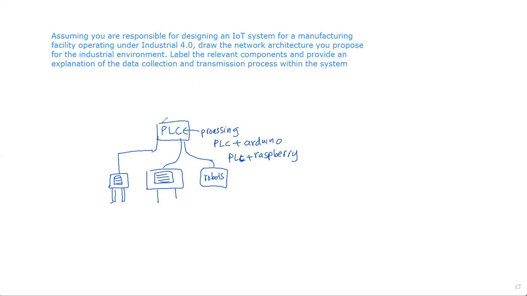After that, the PLC will send the data that it has collected to maybe a central processing unit, since there may be multiple PLCs in the industrial environment. All these PLCs might send the data to a certain central unit, or the data will be sent to a certain access point through a wireless connection, and the server is connected to the access point.